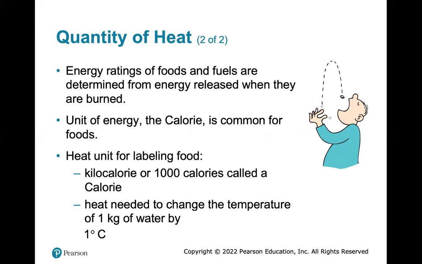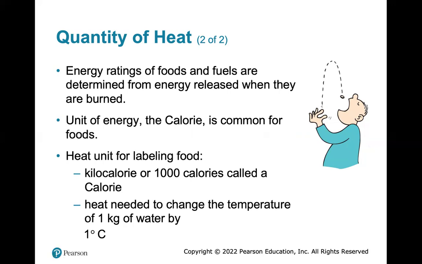Energy ratings of foods and fuels are determined from the energy release when they are burned. The unit of energy, the Calorie, notice the uppercase C, is common for foods. The heat unit for labeling food is a kilocalorie, or 1,000 calories, called a Calorie. Notice the uppercase C as opposed to the lowercase c, for 1,000 calories to one uppercase C Calorie.